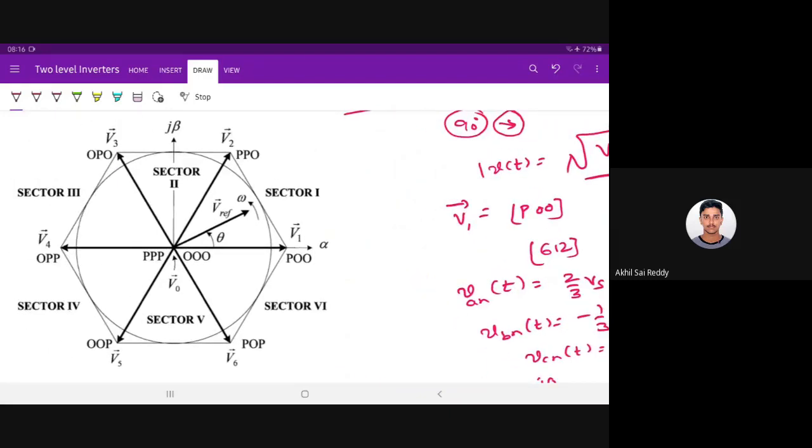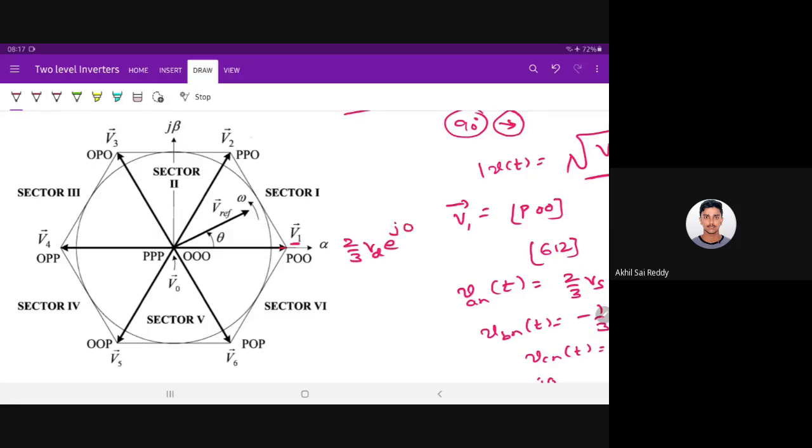Once this is done, we arrange this in the space vector, in the space which is rotating by some radians. This corresponds to the V1 vector, which is 2 by 3 Vd e to the power of j0.